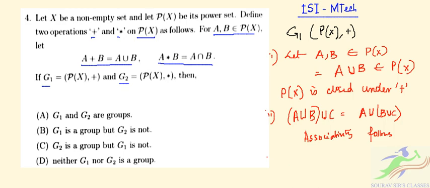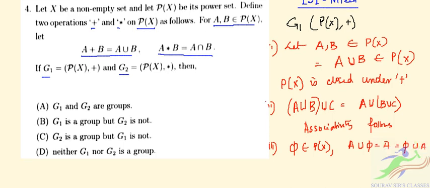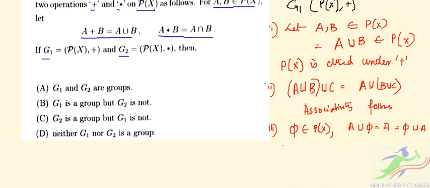For point 3, we check that phi belongs to the power set. A union phi is simply A, and phi union A is also A. So we can infer that the null set, phi, is the identity.